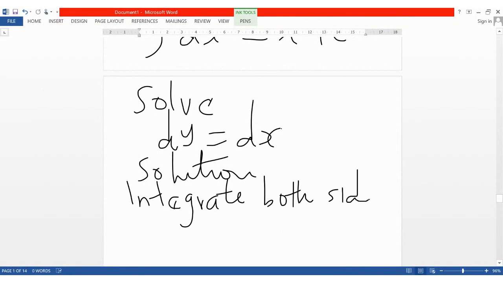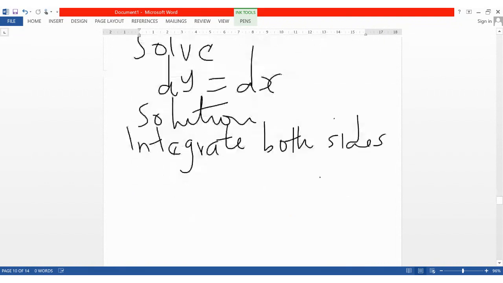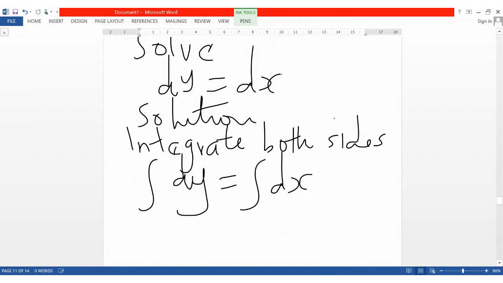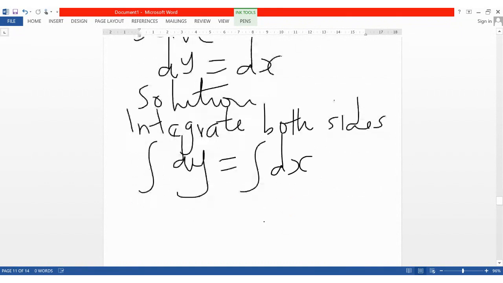So that's what I'll do quickly. I'll have the integration of dy is equal to the integration of dx. When you integrate dy, you get y. When you integrate dx, you get x, and then plus a constant of integration. Here, we don't add the constant of integration on both sides, because it will cancel out.